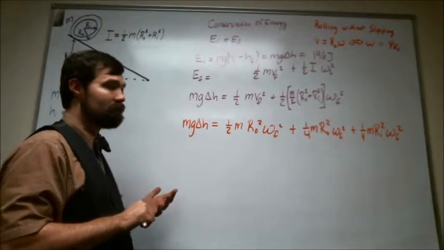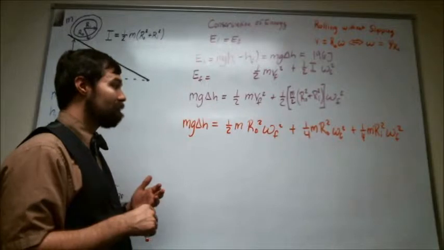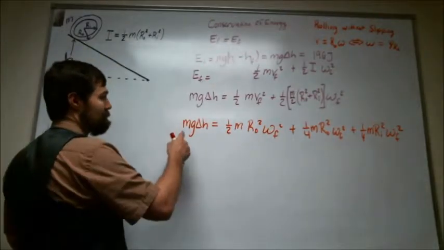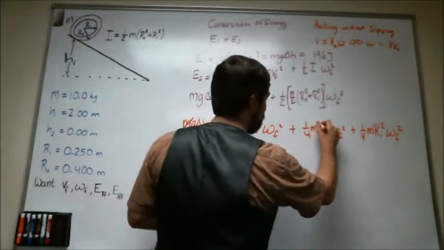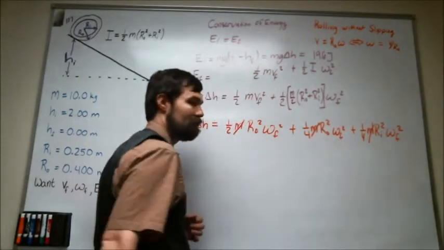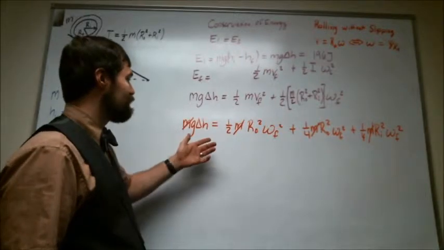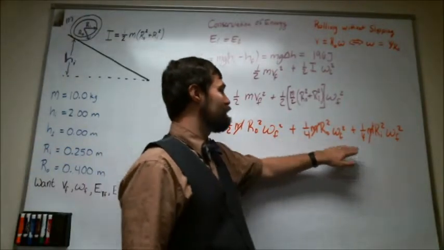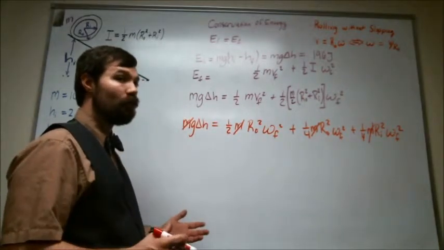So here is a good time to start combining like terms. For one thing, notice that there's a mass in all of these terms, so we can divide everything by mass. For another thing, there's a 1/2 here, a 1/4 here, and a 1/4 here, so I'm going to go ahead and just multiply everything by 4.